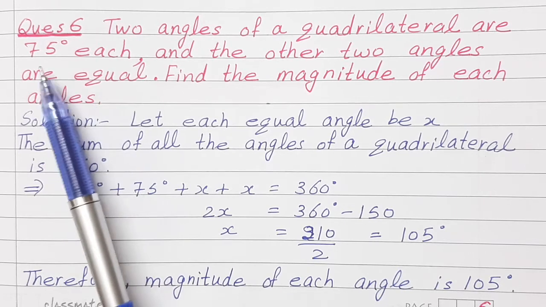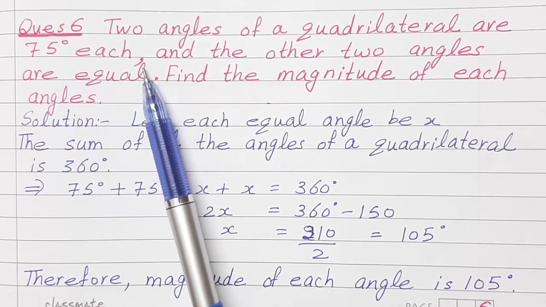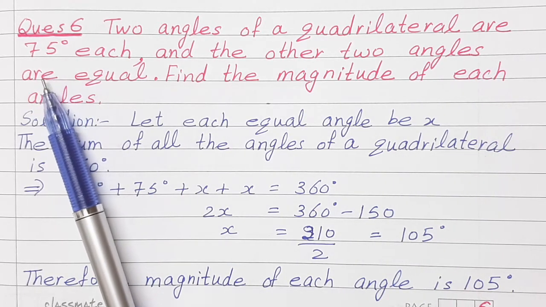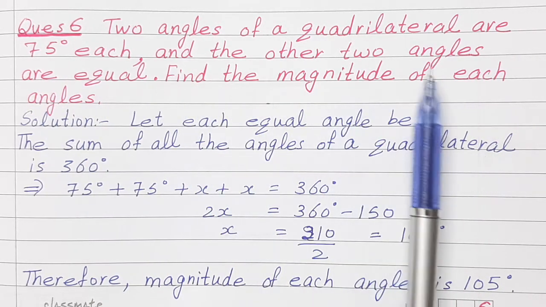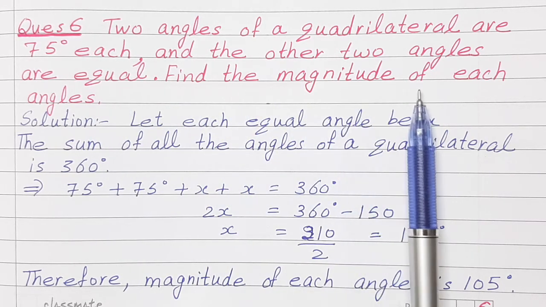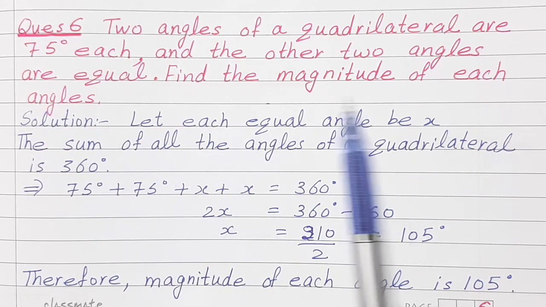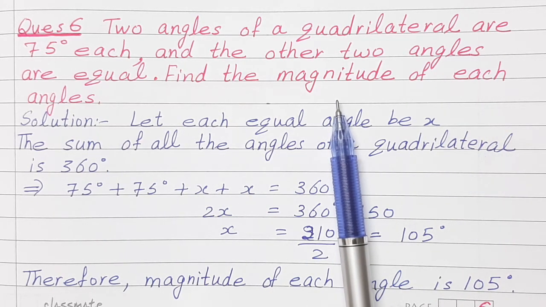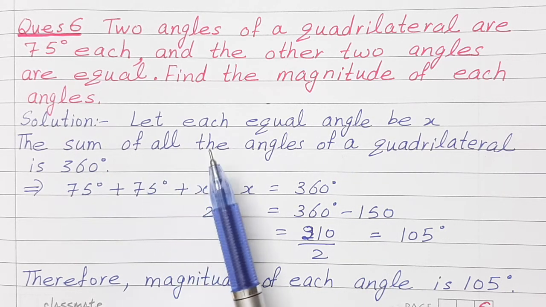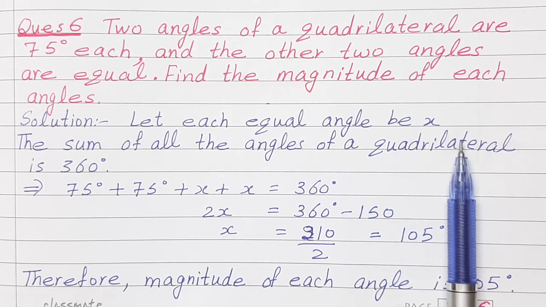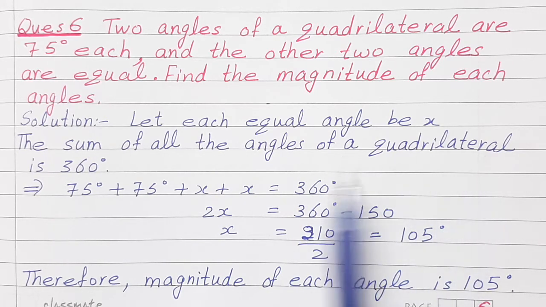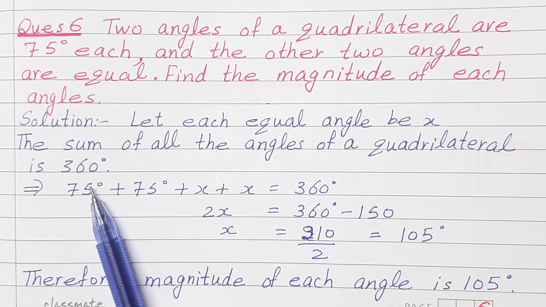Now children, see question number 6. Two angles of a quadrilateral are 75 degree each and the other two angles are equal. Find the magnitude of each angle. Here magnitude means we have to find the degree of each angle, right? So the solution is, let each equal angle be x. The sum of all the angles of a quadrilateral is 360 degree.